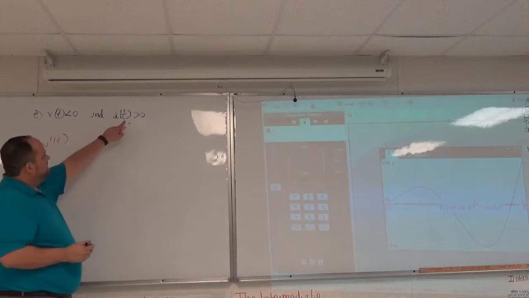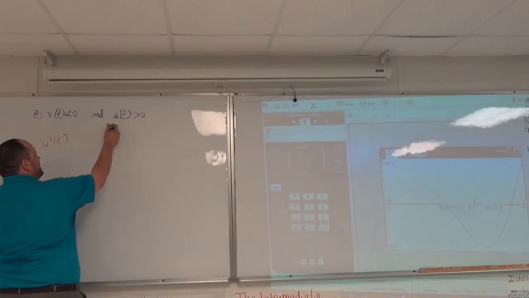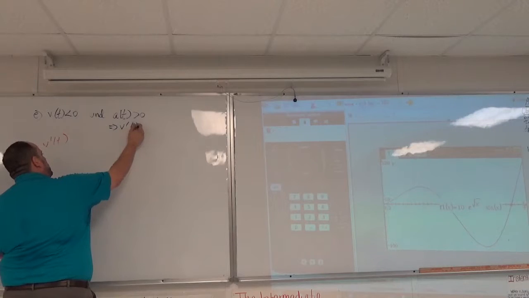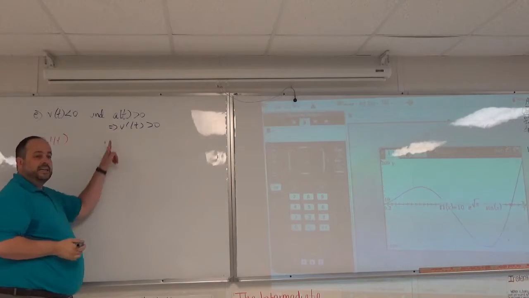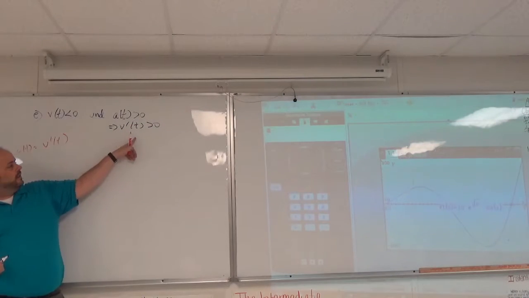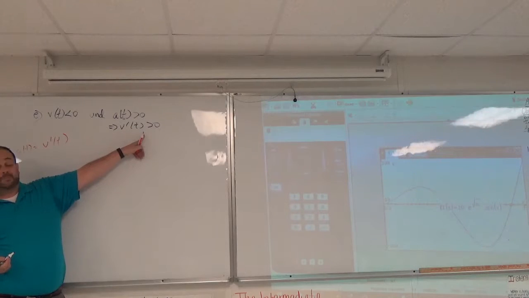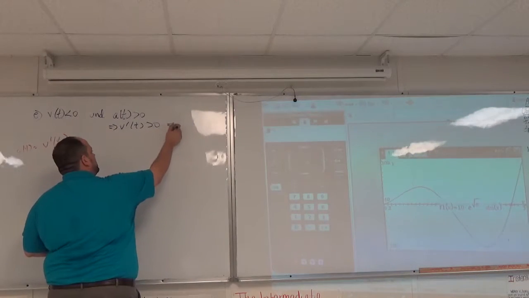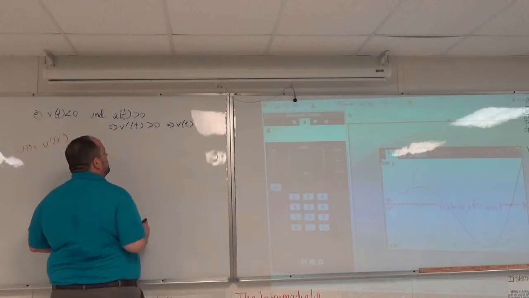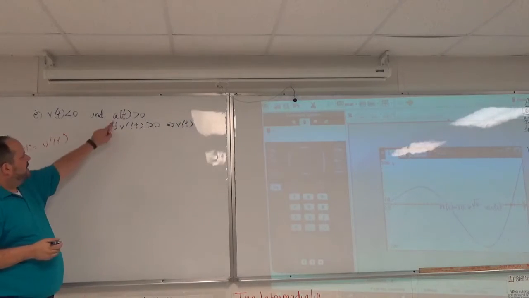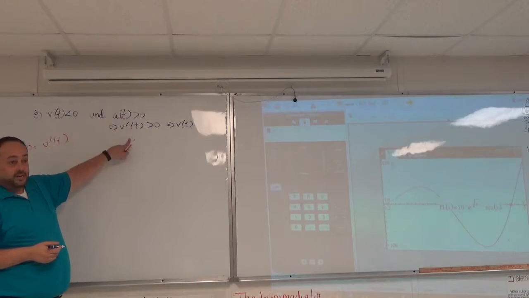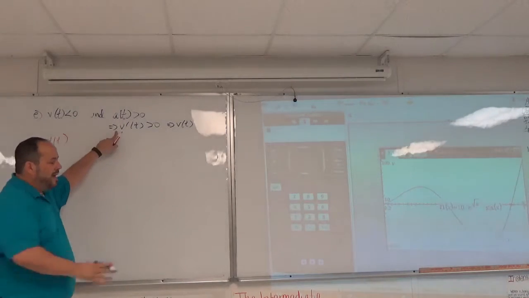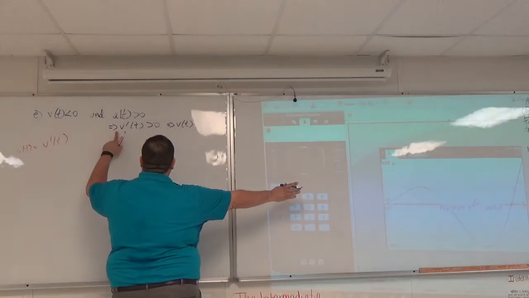So if acceleration is positive, that stands to reason that the derivative of velocity is positive. But if the derivative of velocity is positive, then what does that tell us about the velocity? Acceleration and derivative of velocity are the same thing, right? What I have in front of me is the graph of velocity.